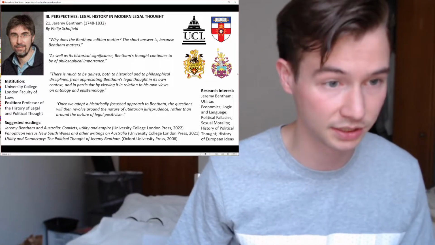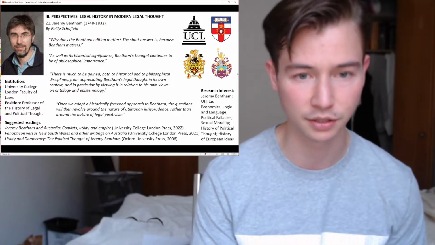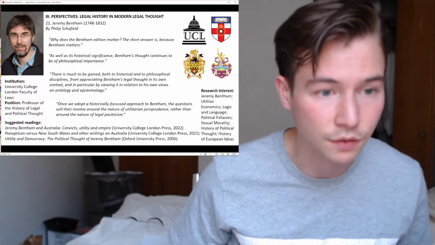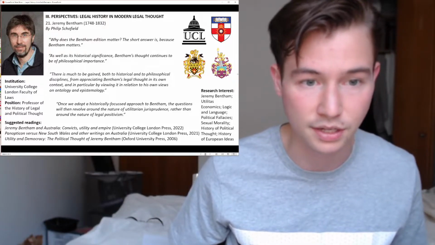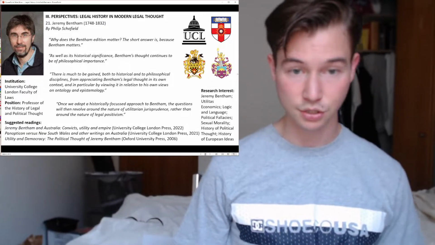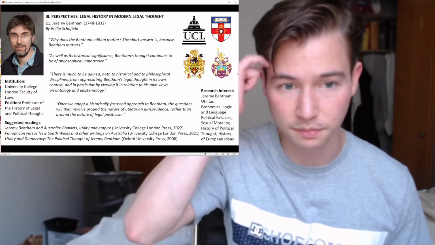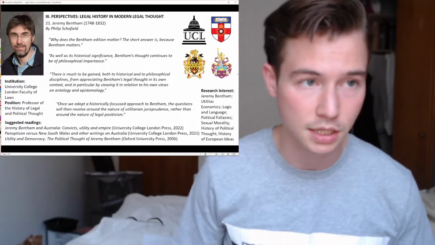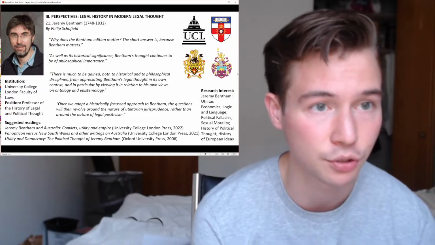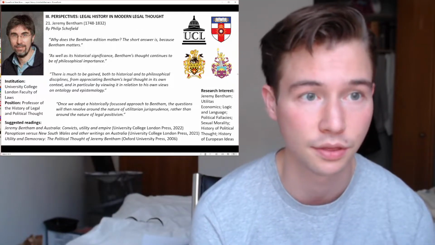Some suggested readings include Jeremy Bentham and Australia: Convicts, Utility and Empire, published by the University College London Press in 2022; Panopticon versus New South Wales and Other Writings on Australia, published by the University College London Press in 2021; and Utility and Democracy: The Political Thought of Jeremy Bentham, published by the Oxford University Press in 2006.